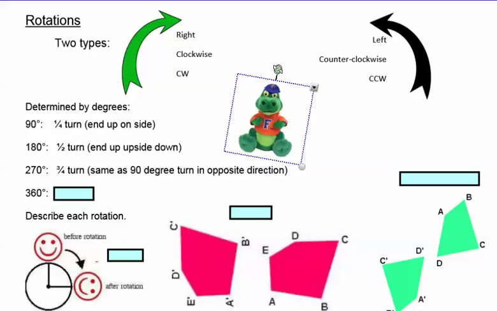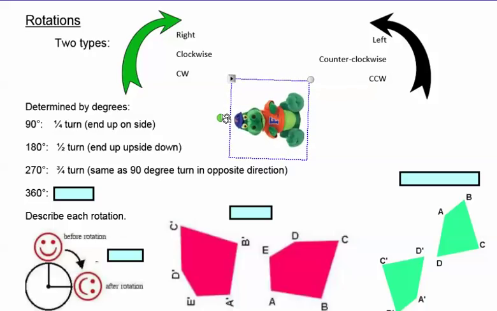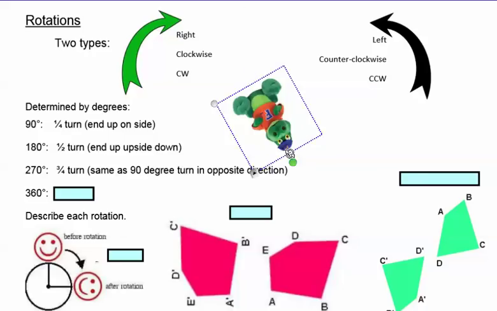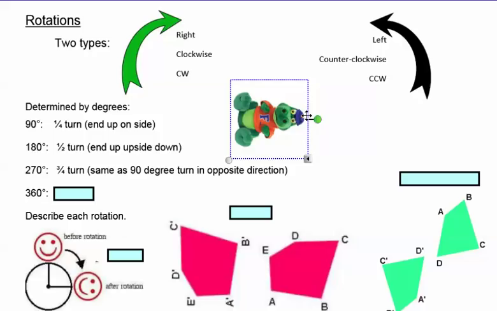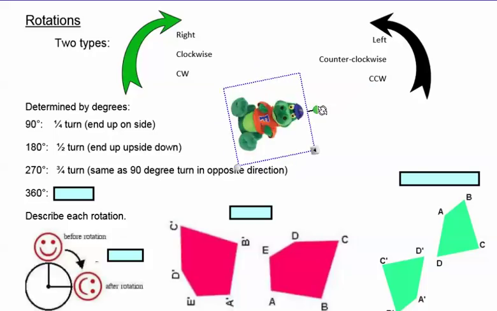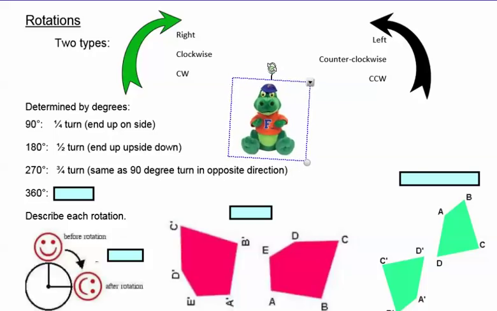I can get to the same spot. Just like if we did a 270 counterclockwise, we'd end up there. We could also get to that same spot by doing 90 degrees clockwise. So for 270, you can do that or you could just do a 90 degree turn in the opposite direction.